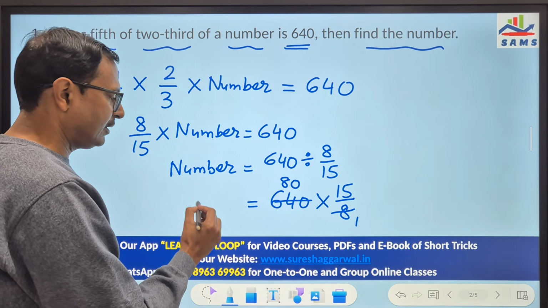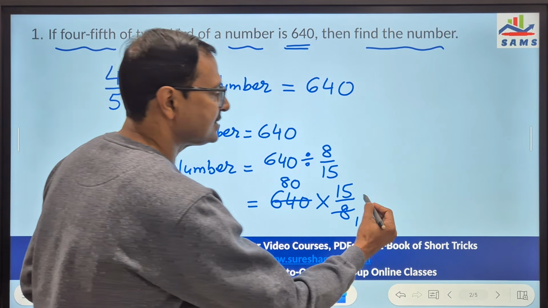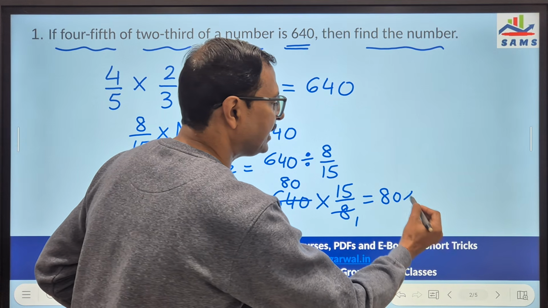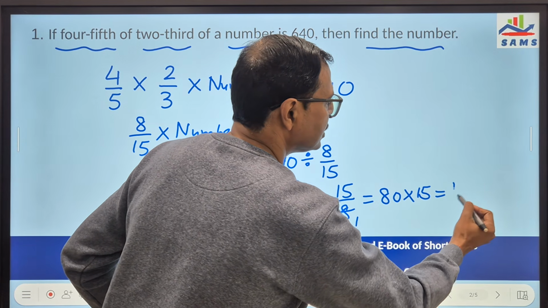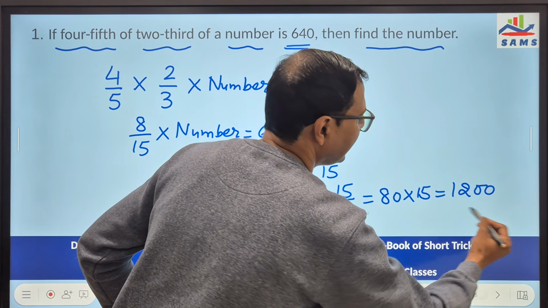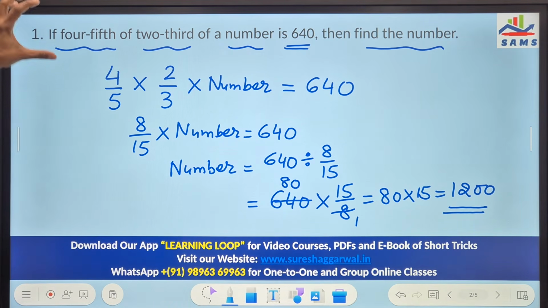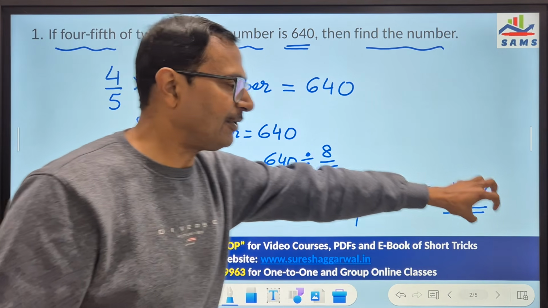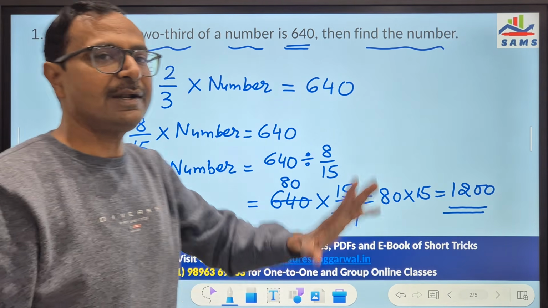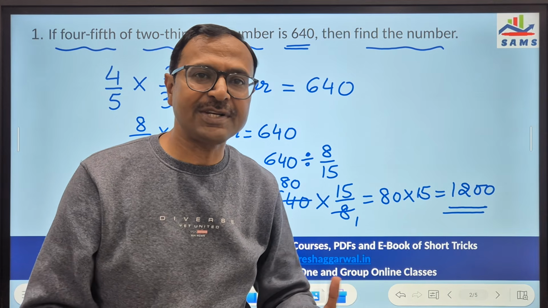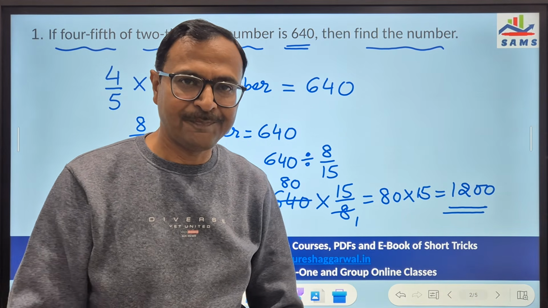And your number which we have to find is 80 times 15, which is 1200. So the number obtained is 1200. So if you do 4/5 of 2/3 of 1200, you will get 640. That verification can be done in the rough work.